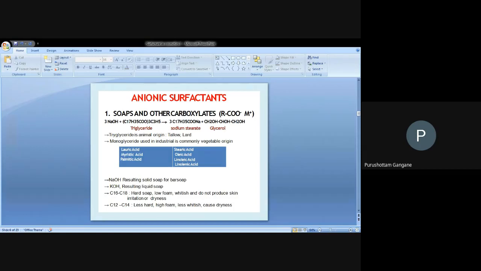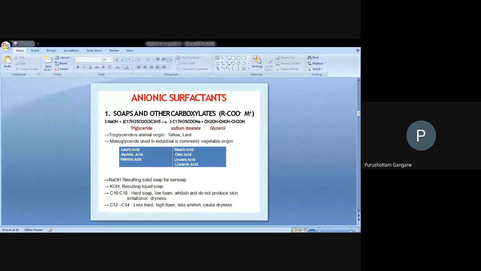Okay, and monoglycerides used in industry are commonly of vegetable origin. जो monoglycerides use होते हैं, they are mostly vegetable oils used for the formulation of soap. You know that by combination of these oils and alkali, soaps are prepared. Which type of alkali is used to prepare soaps?